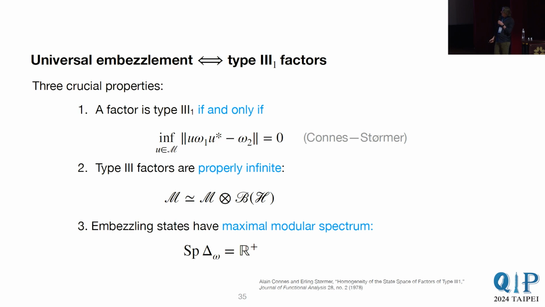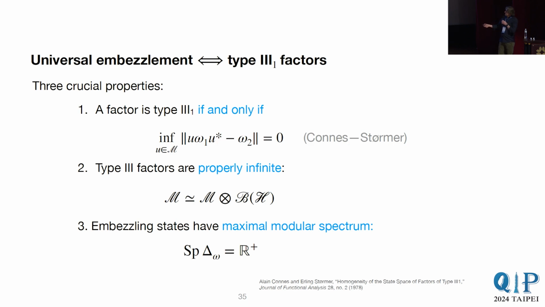So first of all, to understand why a type 3 one factor is universally embezzling, it's nice to know that there's this result by Kohn and Störmer, which tells you that these factors have a homogeneous state space, which means that all states lie in the same unitary orbit of this algebra.